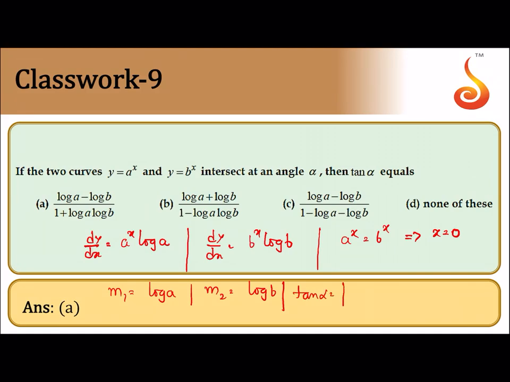Where they intersect, a to the power x equal to b to the power x implies x equal to 0. So you get m1 as log a and m2 as log b. So what is tan alpha? Tan alpha is modulus of (m1 minus m2) by (1 plus m1 m2). So you get (log a minus log b) upon (1 plus log a log b).